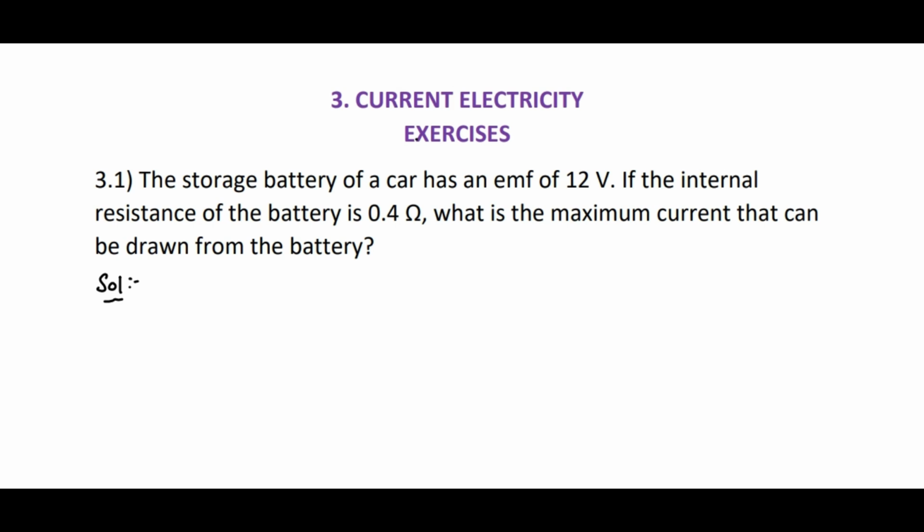The storage battery of a car has an EMF of 12 volt. If the internal resistance of the battery is 0.4 ohm, what is the maximum current that can be drawn from the battery? Generally, if there is any external resistance, it is connected to the storage battery with its internal resistance like this.